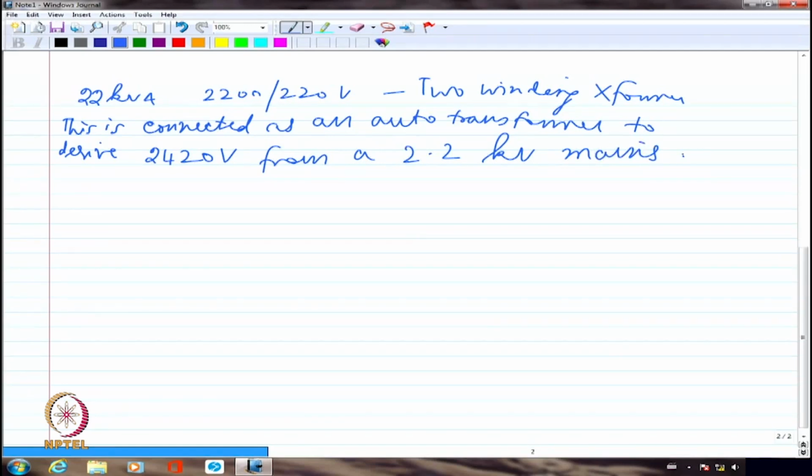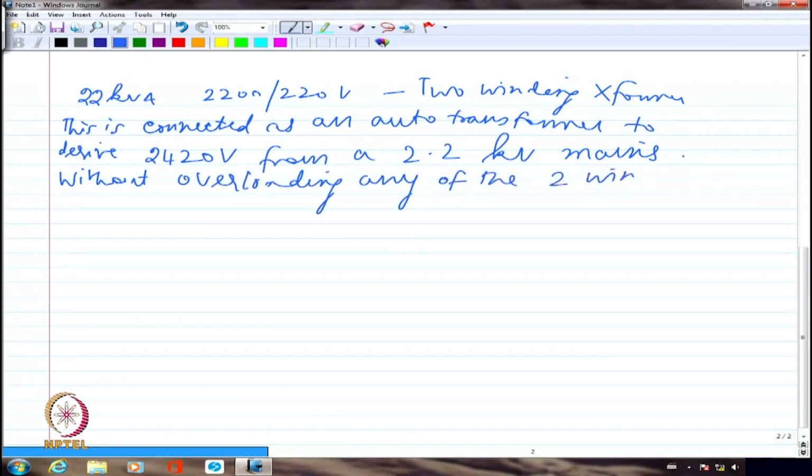Now, the question that is being asked is, without overloading any of the two windings, what is the maximum kVA that can be derived at the output?